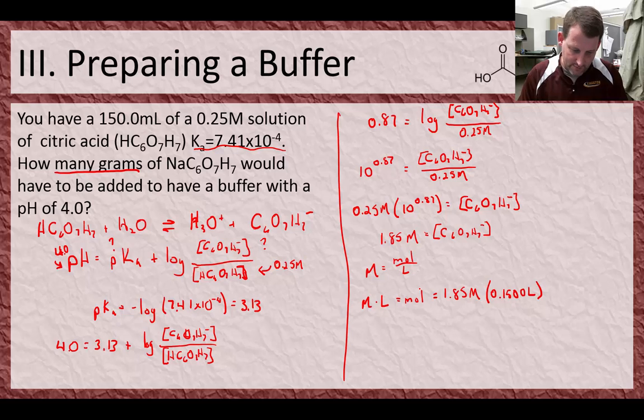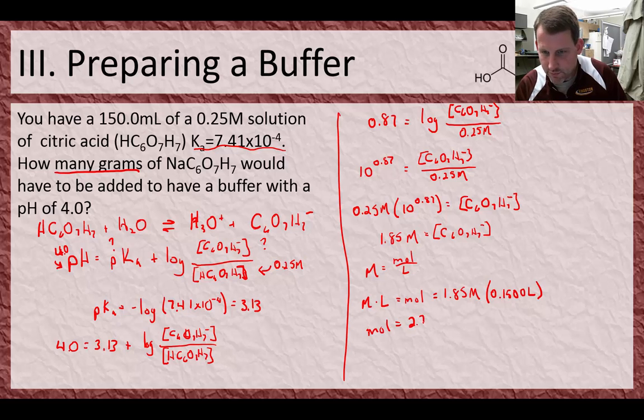So that's 1.85 times 0.15 equal to 0.278 moles. So the moles are equal to 2.78 moles of acetate is what we need to be able to get there.